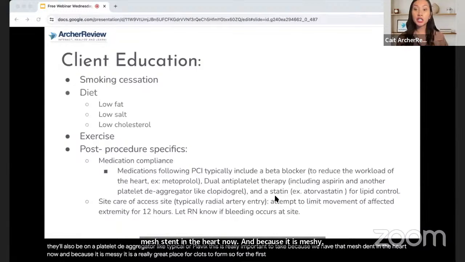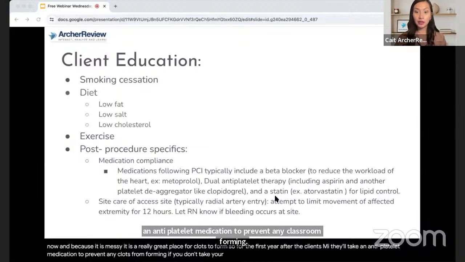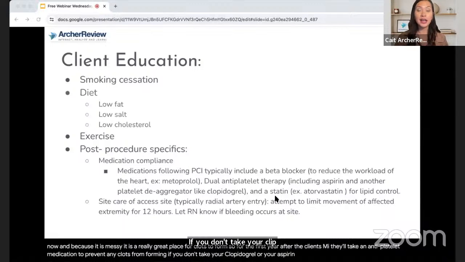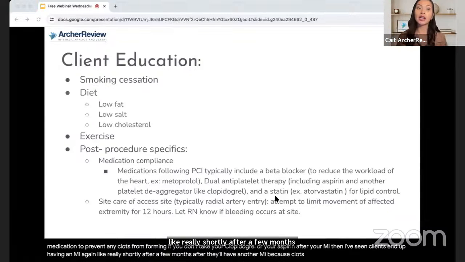So for the first year after the client's MI, they'll take an antiplatelet medication to prevent any clots from forming. If you don't take your clopidogrel or your aspirin after your MI, then I've seen clients end up having an MI again, like really shortly after, a few months after, because clots have built up in that stent.